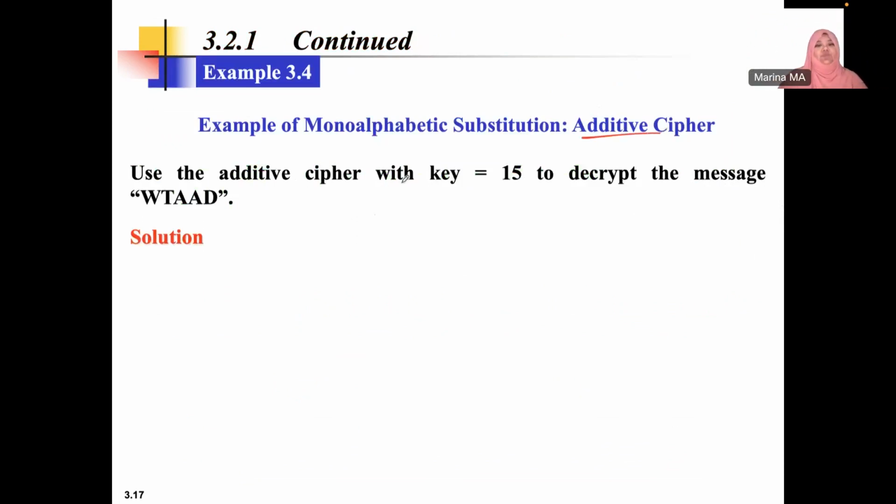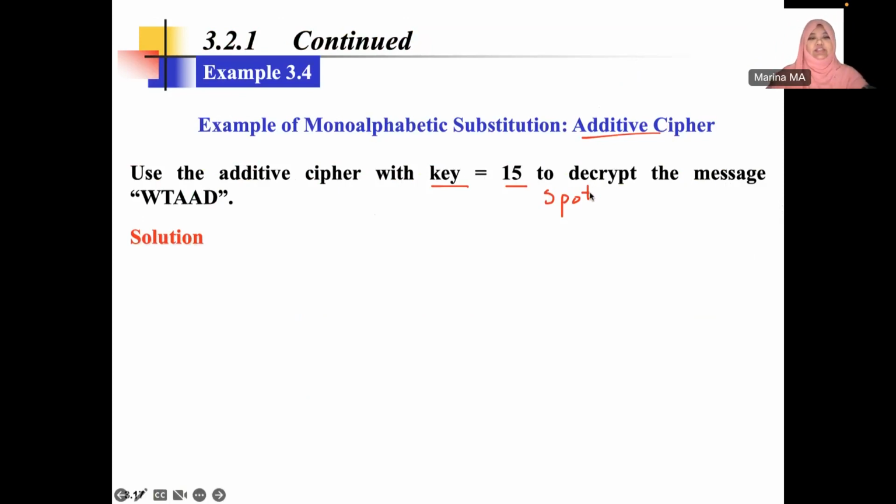In this case, the additive key: when we say the key is 15, meaning we move every number 15 spots. In this example, I'm going advanced because you're supposed to learn this in computer security.